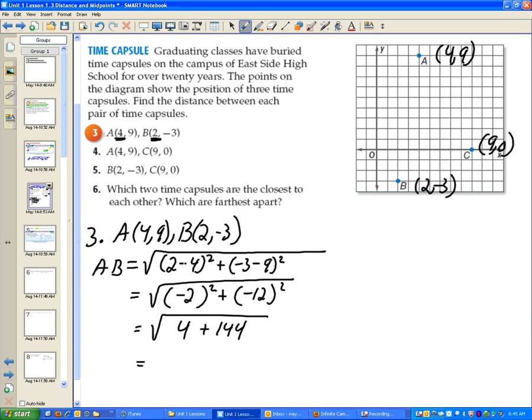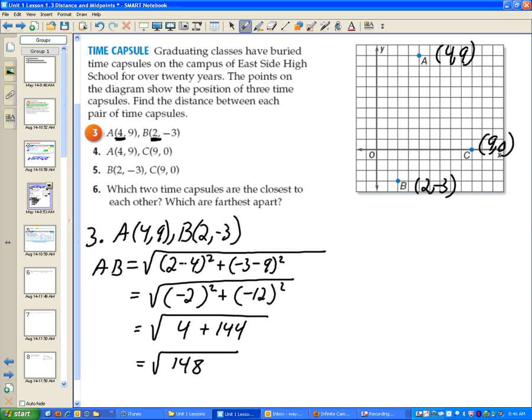144. Now, you don't know this, but this square root sign is the same thing as a big parentheses. It's a big, huge grouping symbol. So we keep working inside the grouping symbol. Don't try to take the square root of 4 and the square root of 144. No. Work inside that grouping symbol. So what's 4 plus 144? So that's where we're going to leave our answer.